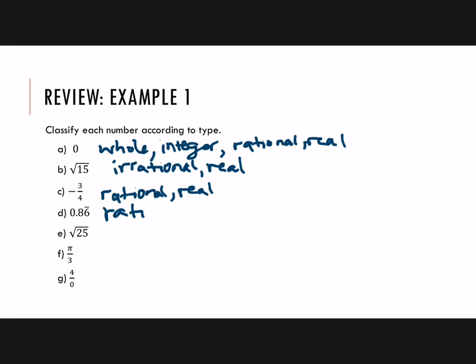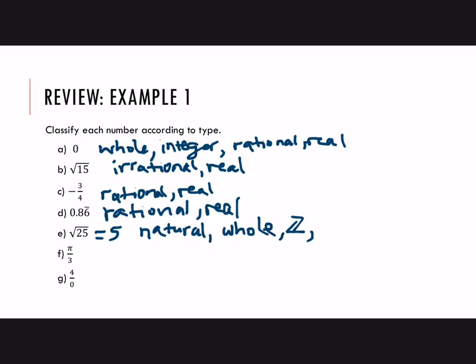Again, this is rational and real. Square root of 25, this is a trick. That equals 5, so this one is natural, whole, integer, rational, and real.